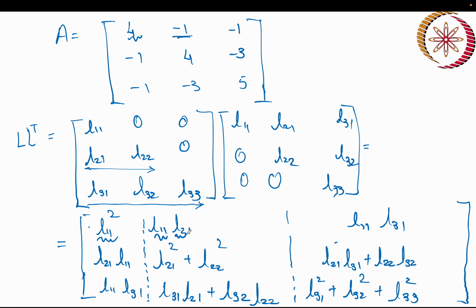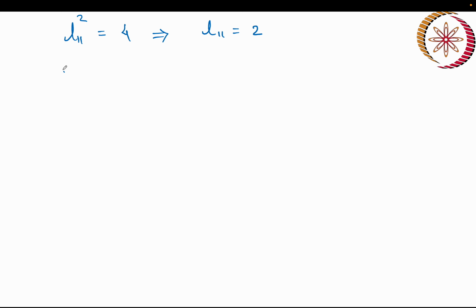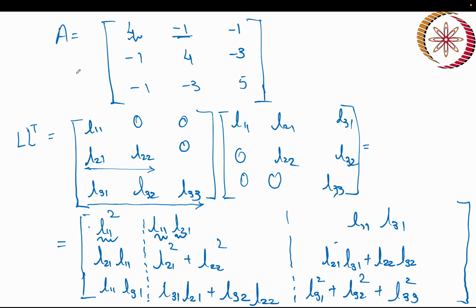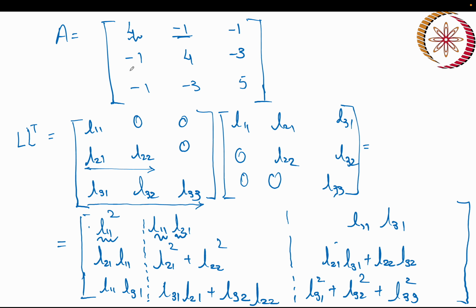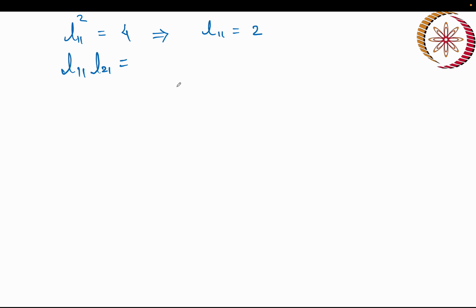Now L11 into L21 is the next term, and we equate it to -1. We already have 2, so if we divide both sides by 2, L21 is equal to -half.